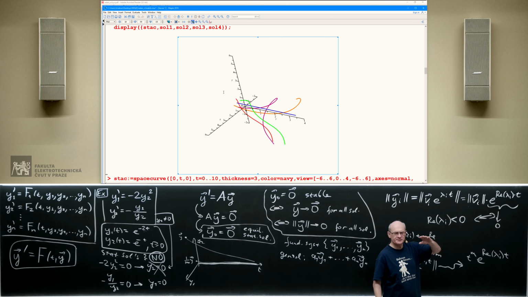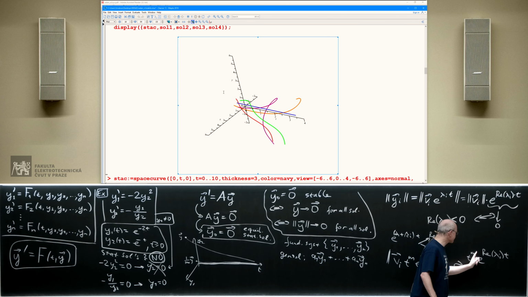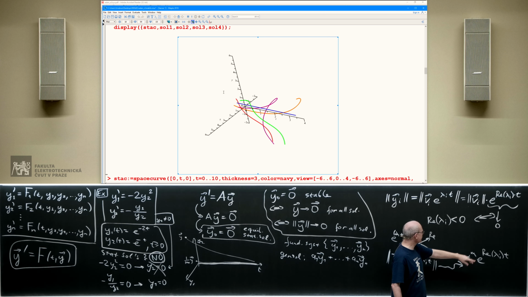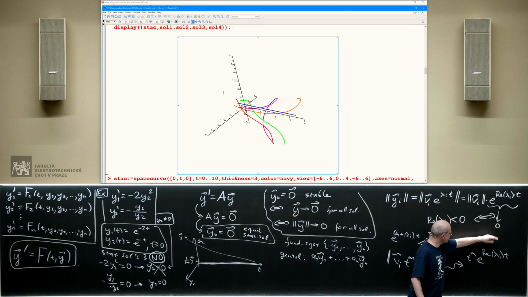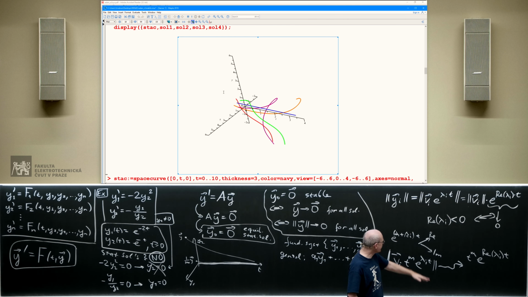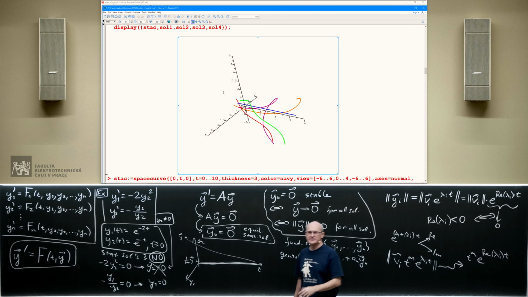So the limit is simply decided by what happens to the exponential. If the exponential goes to infinity, so does the whole thing. If it goes to 0, so does the whole thing. So essentially, we get the same criterion. If you want to go to 0, we simply need this coefficient to be negative, period. And it works for higher multiplicity, for complex. It works always for all eigenvalues.